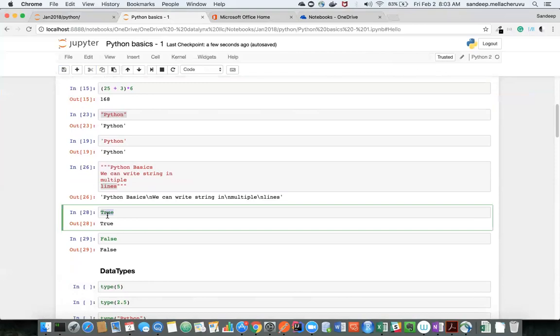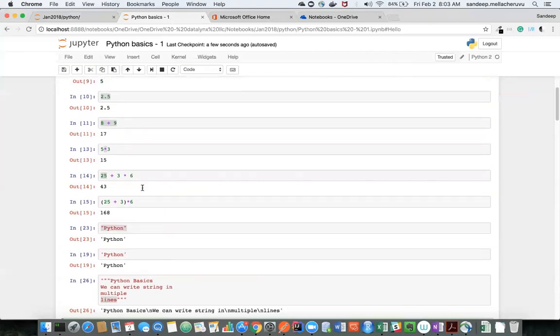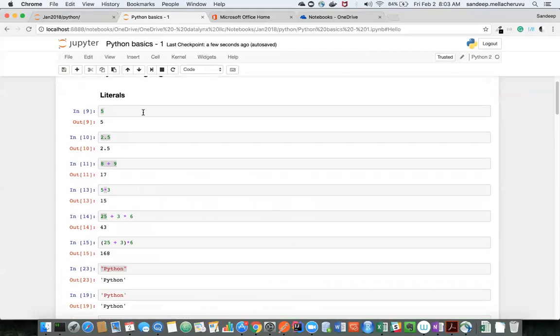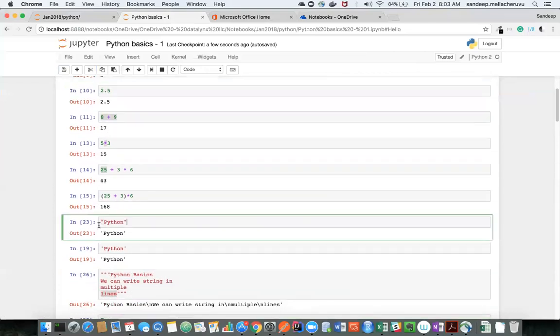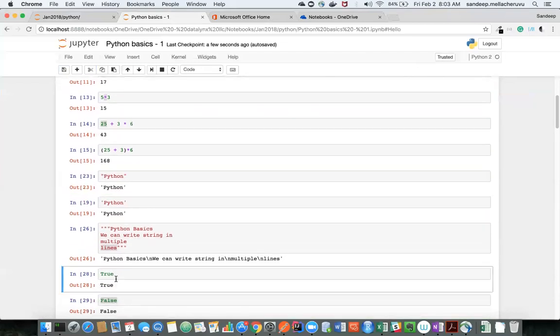When something is true, you can say true. When something is false, you can say false. These 2 values are related to Boolean literal. So in short, you have integer literal, floating point literal, string literal, and finally Boolean literal.